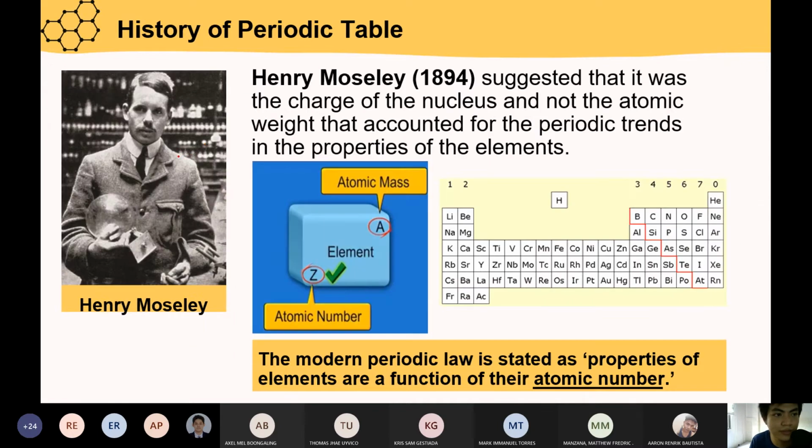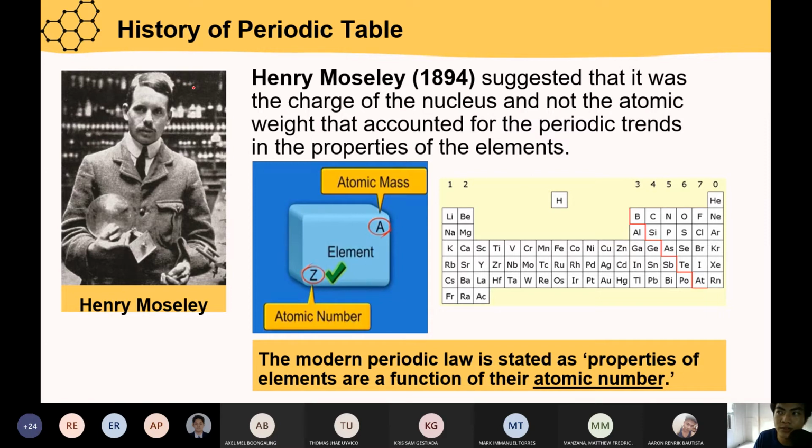So about Henry Moseley. What was Henry Moseley's contribution? Okay. So according to Henry Moseley, the periodic variation in the elements in the periodic table can be best attributed to the atomic number instead of the atomic mass. Okay?